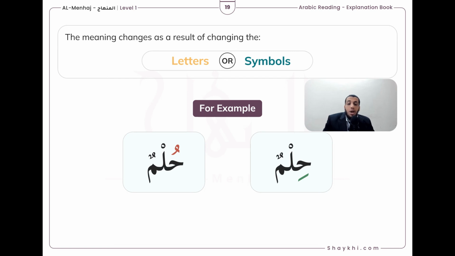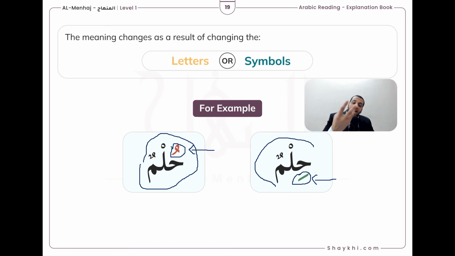These two words are so similar in all letters and in all symbols, except the symbol of the first letter. Here the symbol of the first letter is kasra, and here the symbol of the first letter is dhamma. So this word is hilmun, and this word is hulmun.